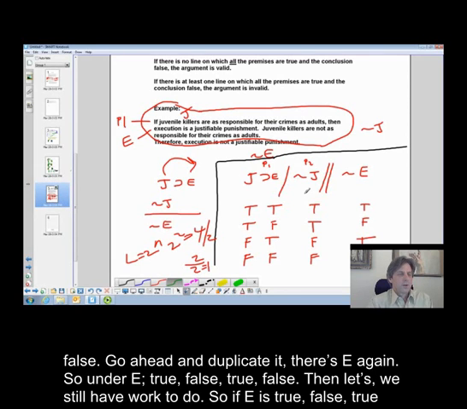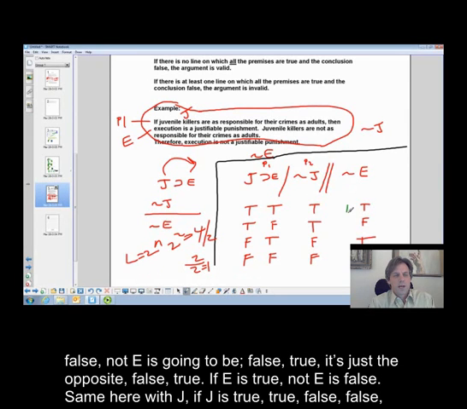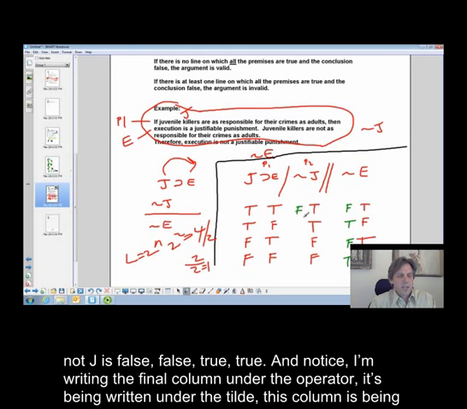Okay, and then we'll switch colors here. Then we still have work to do. So if E is true, false, not E is going to be false, true. It's just the opposite, right? If E is true, not E is false. Same here with J. If J is true, true, false, false, not J is false, false, true, true.